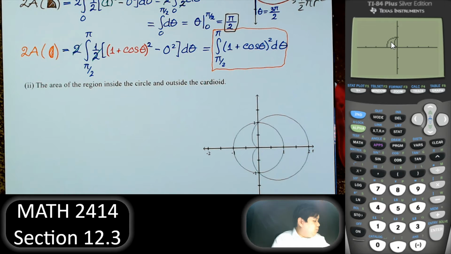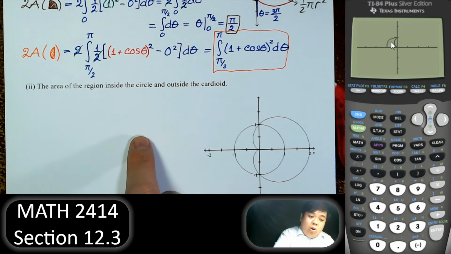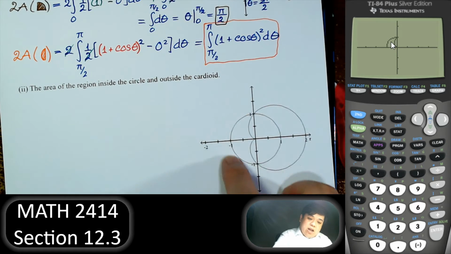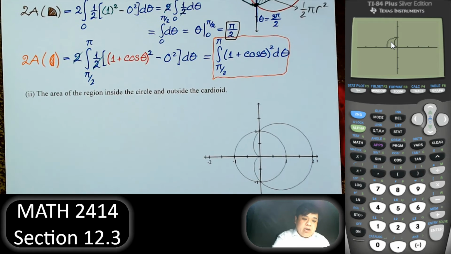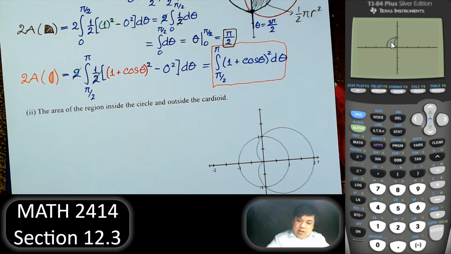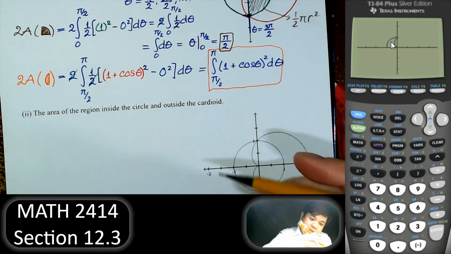Right, so that is that one. Next, we find the area inside of the circle and outside of the cardioid. So inside the circle and outside the cardioid. So we're looking at this one right here.